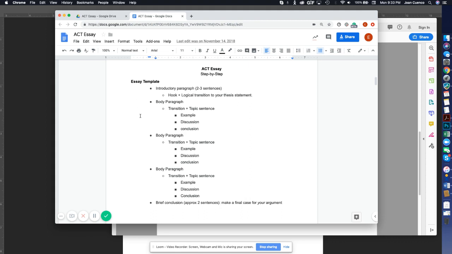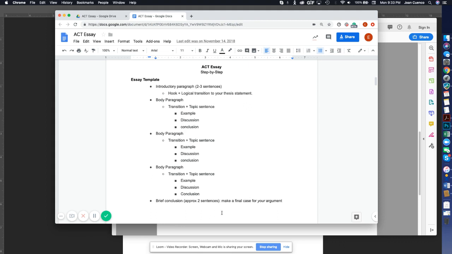And then each body paragraph will be a discussion on different angles on the issue, which means it could be 3 perspectives. It's always nice to actually talk about all 3, as long as you talk in depth about each one. And finally, a conclusion, which is just a quick summary of your main argument.